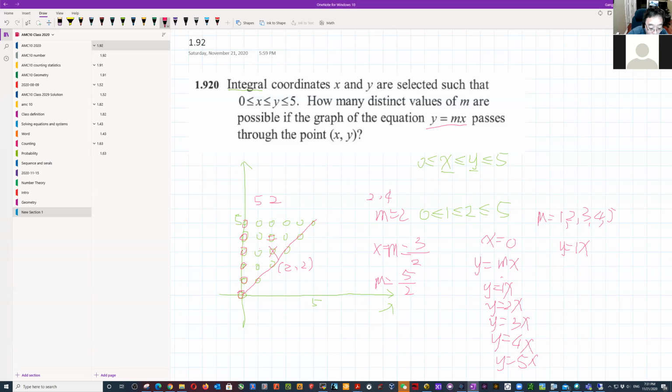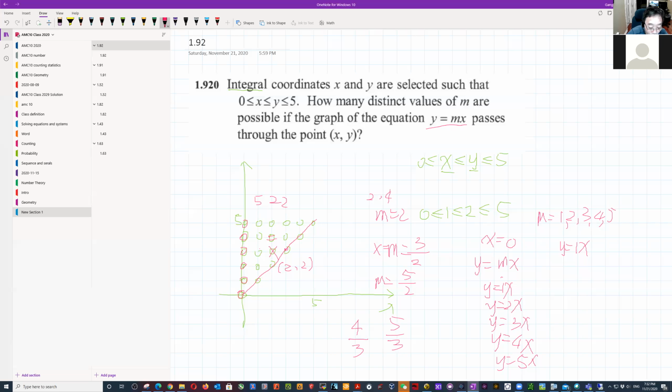And here, this point is still going to be the same, m equals 1. And this one, the rise is 4, the run is 3, so 4/3. And this one, the run is 3 and the rise is 5, so 5/3. So we produce 2 new slopes here.